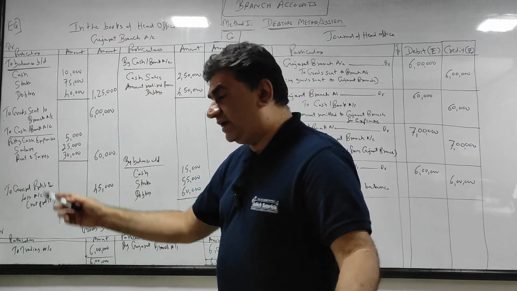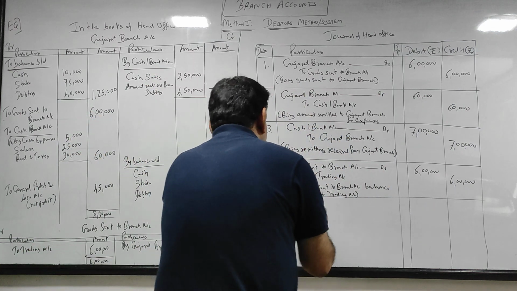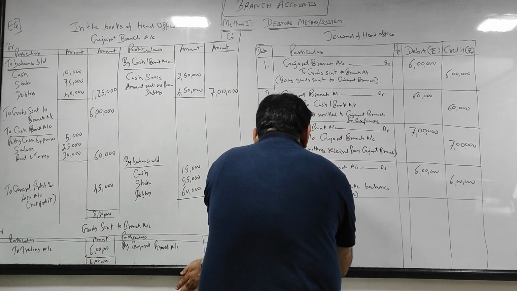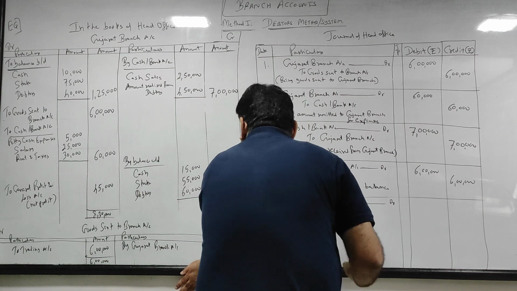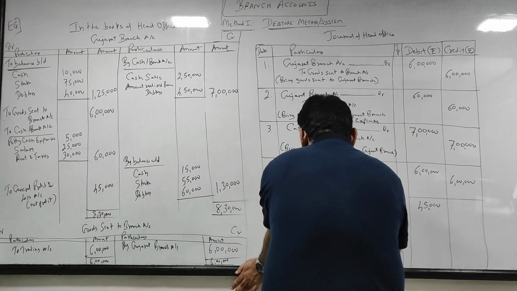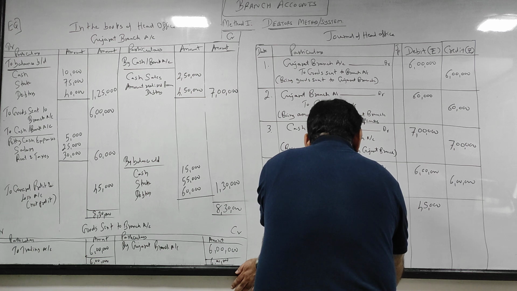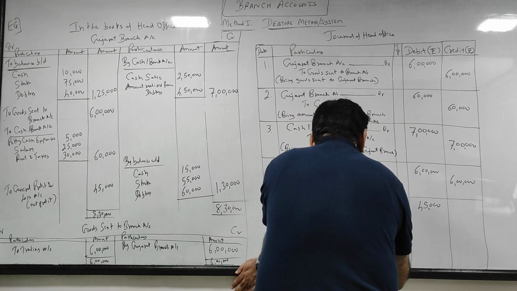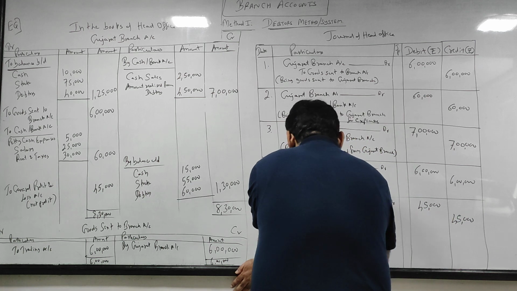In the debit of Gujarat branch. Come to the journal, the last journal entry: Gujarat branch account debit 45,000 to general profit and loss account 45,000.